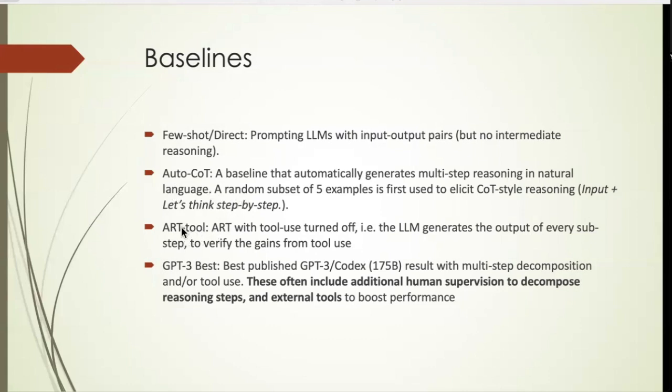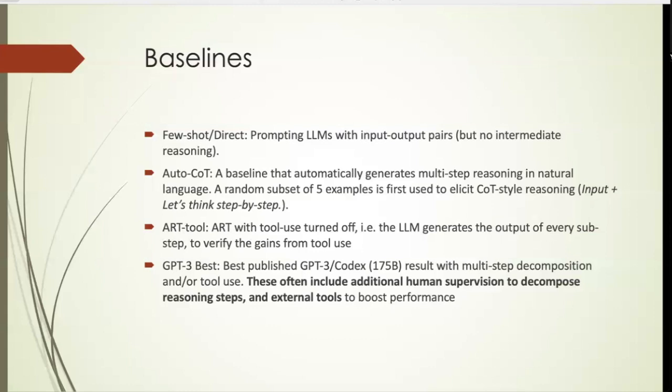And then they have ART without tool use. If you think of ART, without the tool you just use Instruct GPT to generate the response for each of the steps. Right, so they want to turn the tool off just to see how much contribution is from the tool use and how much contribution is from the step-by-step reasoning part.